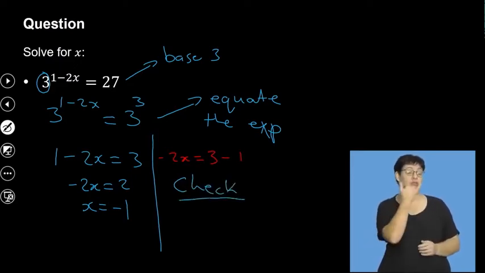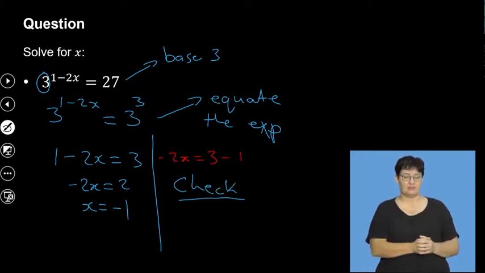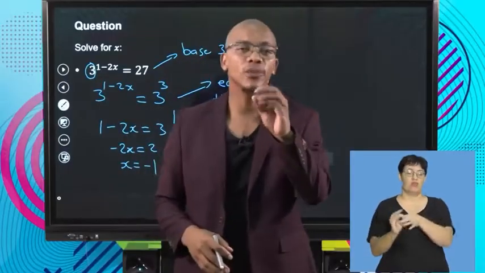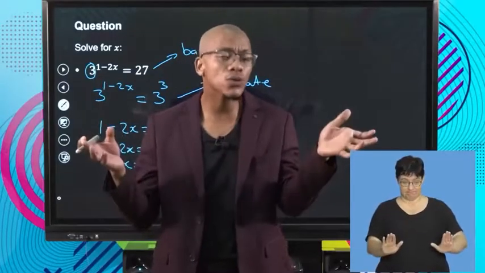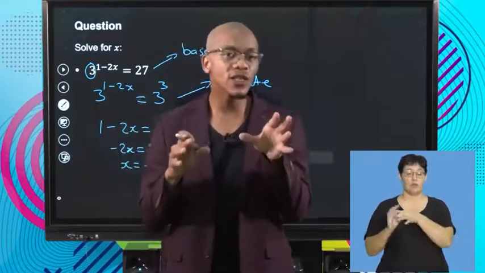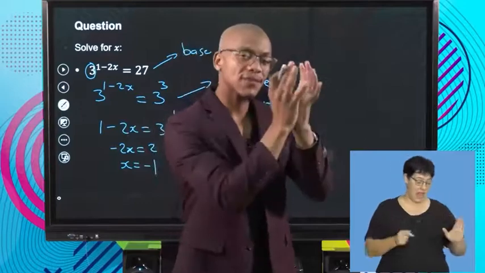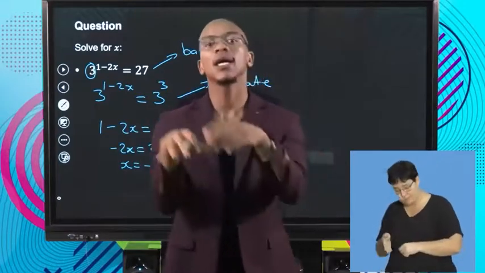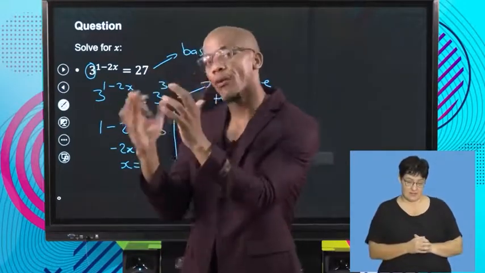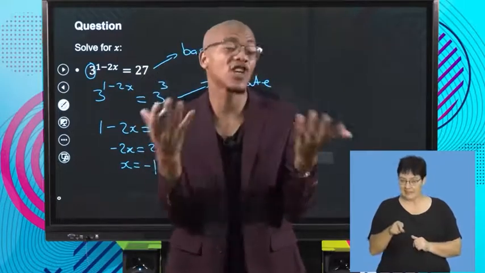When you're checking your answers, remember that I said an equation is a relationship between two things, right? So a relationship that has an equal sign means that what you get on the left-hand side must always be equal to what you get on the right-hand side. That's what the checking is.